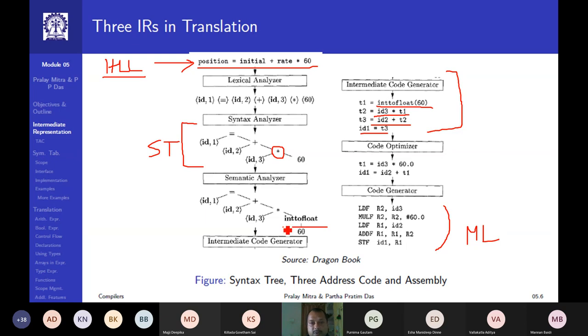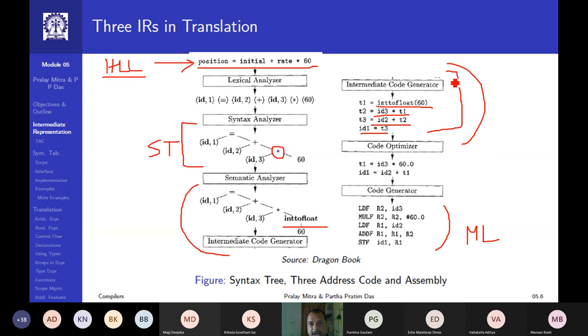We will mostly focus on this part in module 5. Then comes the machine independent code optimization. As of now, we didn't consider the existence of any system.